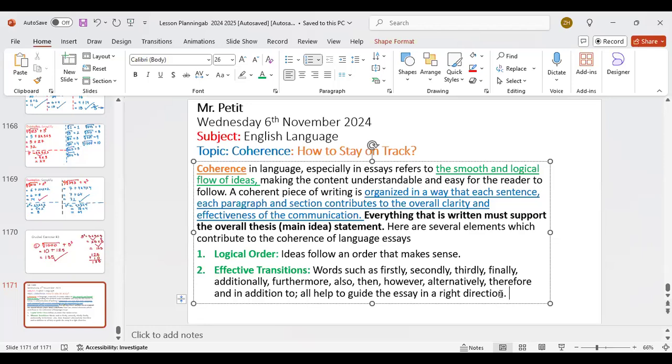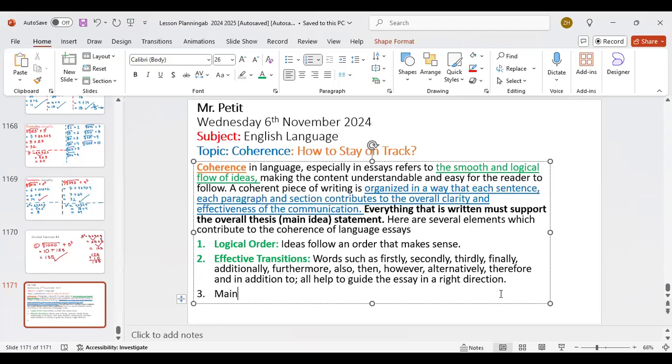All those are effective. The next thing is maintaining a consistent point of view. Point of view, there are different points of view, right? So let me explain what I mean by that. The point of view is just basically the perspective in which you write.